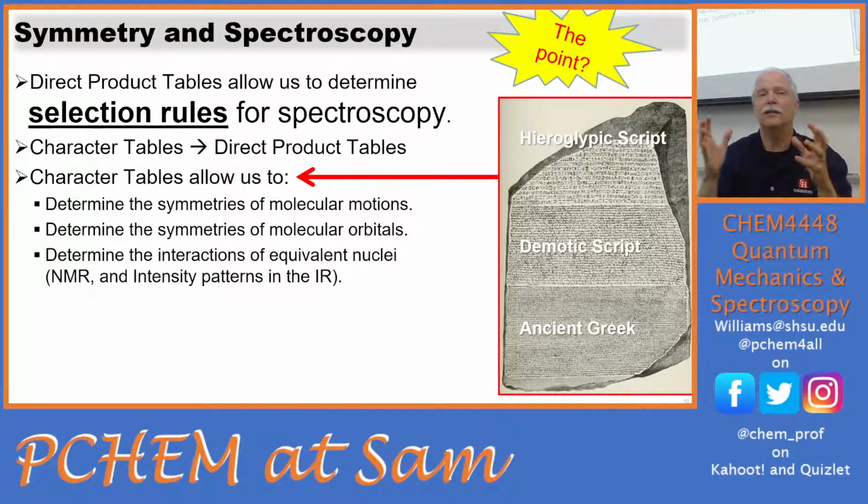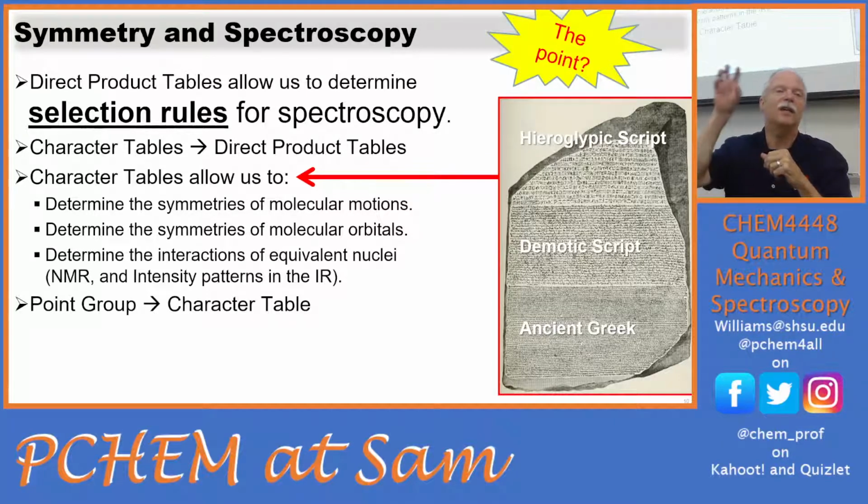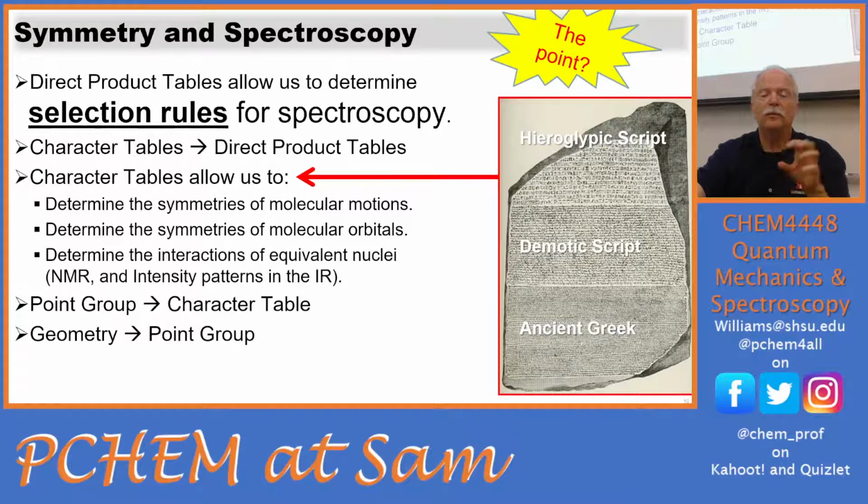That also allows us to understand bonding, because if you're making and breaking bonds, you're dealing with molecular orbitals. And then in NMR, we can understand the NMR signals because of the equivalent nuclei that we can get from the character tables. And the character tables come from the point group of the molecule. And the point group comes from the geometry of the molecule.